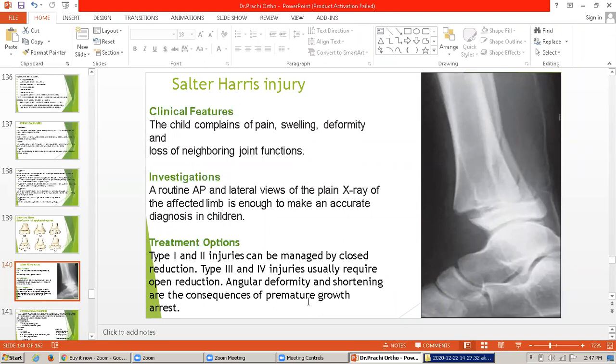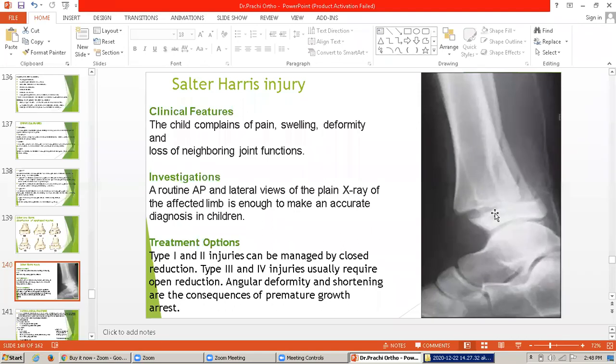So, this is a diagram of a Salter and Harris injury. It shows a child complaining of pain, swelling, and deformity and loss of the neighboring joint function. When we see an X-ray, AP and lateral view of the affected limb is enough to make an accurate diagnosis in children.